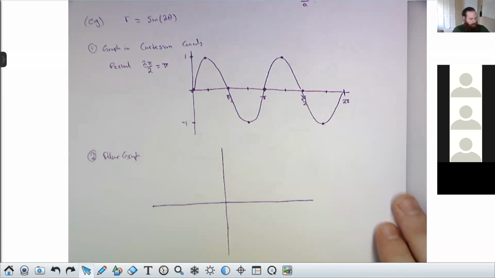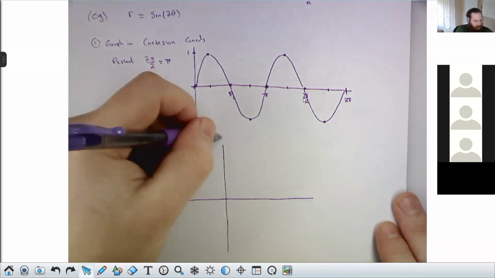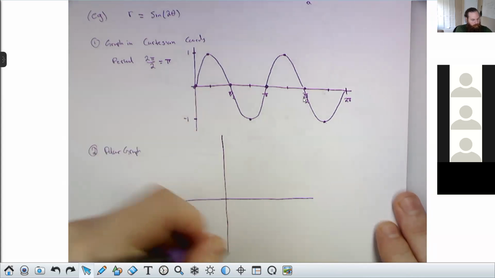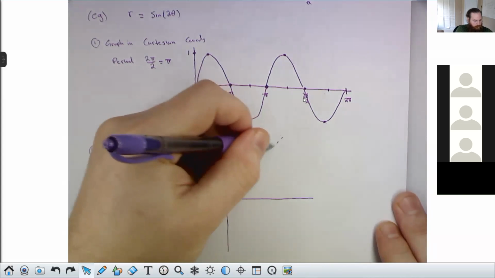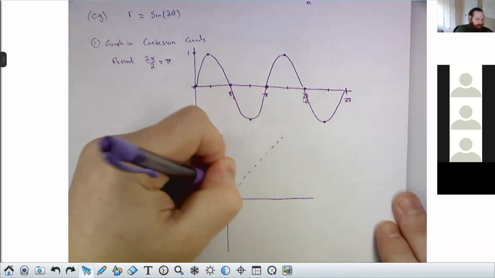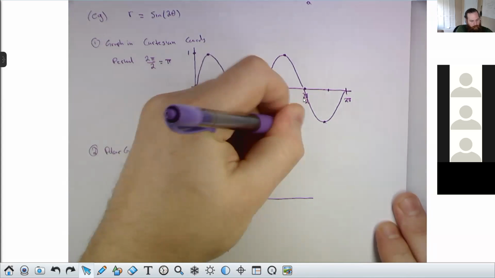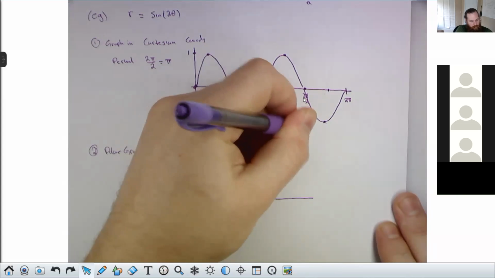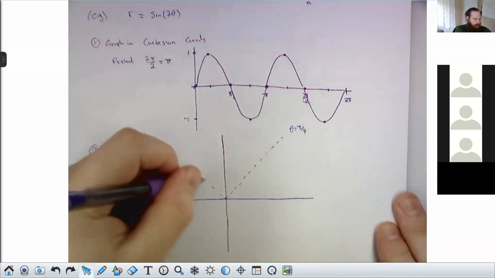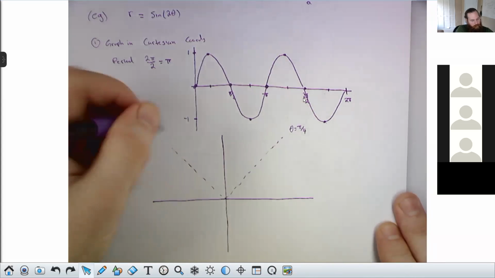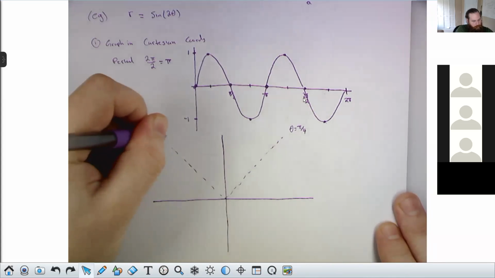I'm going to give myself some helper lines here. So here's theta equals pi over 4. Over here would be theta equals 3 pi over 4.